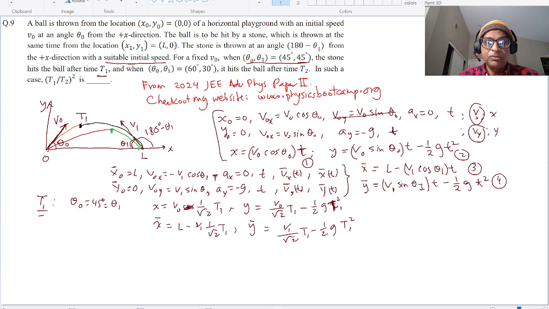Okay, so in here x is x bar and y equals y bar for them to hit.